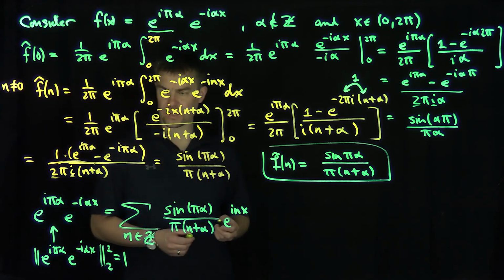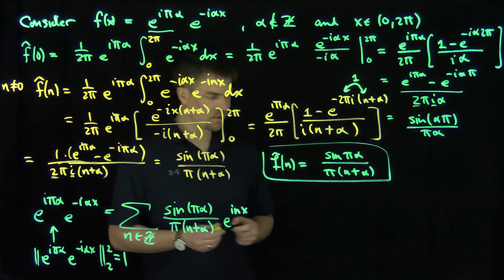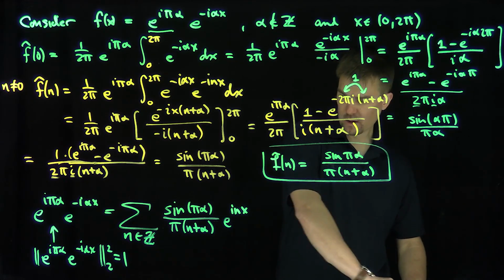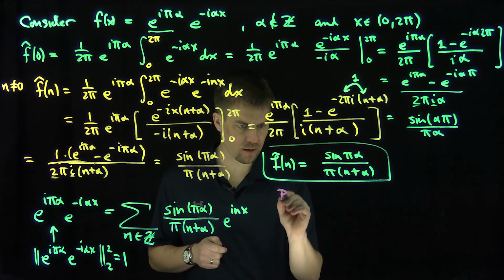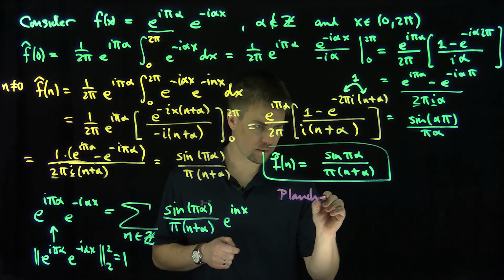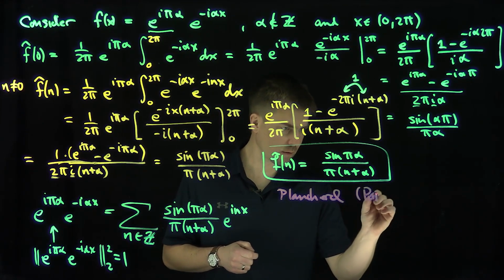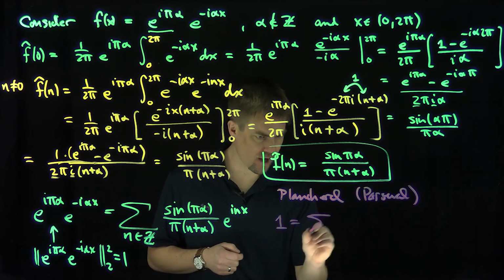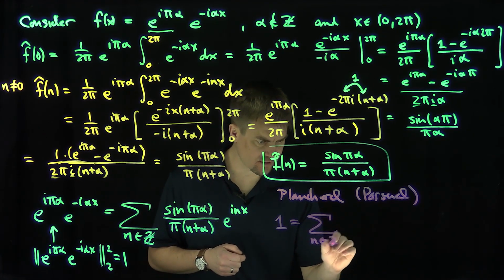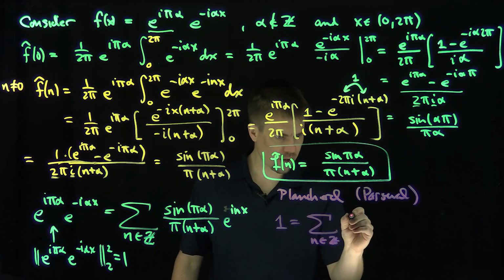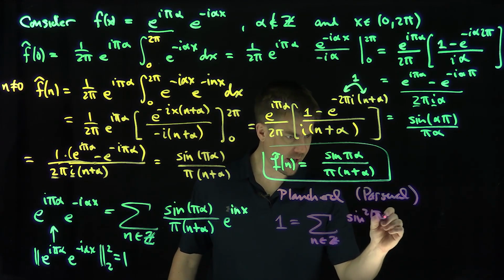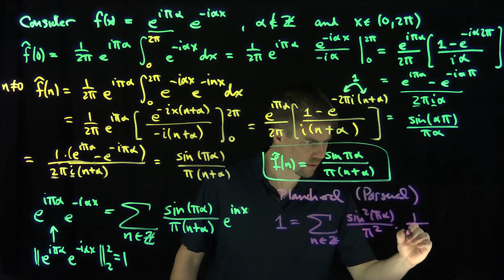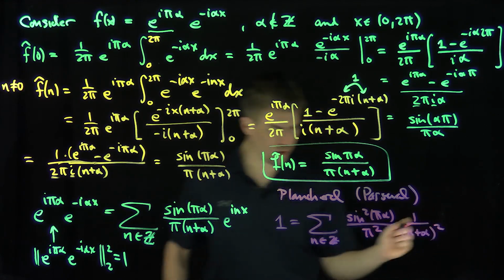And so by Plancherel's theorem, or Parseval's theorem, either one, we can conclude that 1 is equal to the sum over n in Z of the sine squared of pi alpha over pi squared times 1 over (n plus alpha) quantity squared.